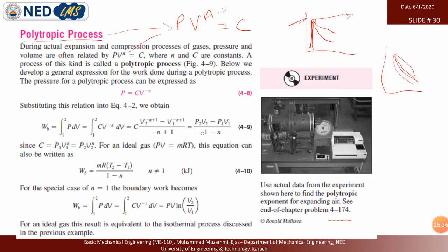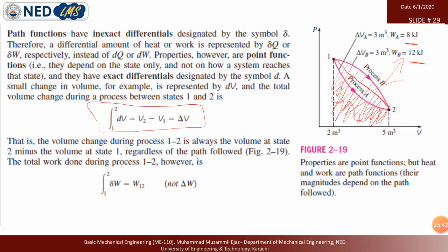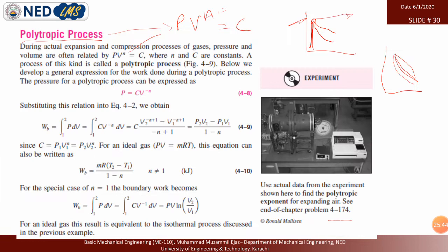Here they show the difference between the two. For example, when we have PV is equal to C, when the V goes from this point to this, it becomes V to the power minus n, and later we will solve these numericals.